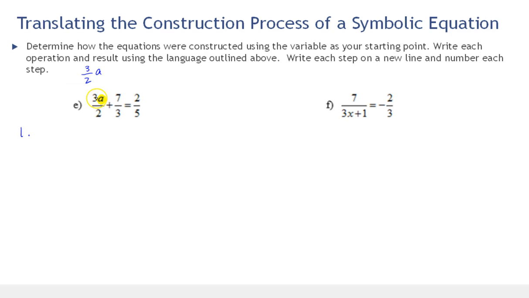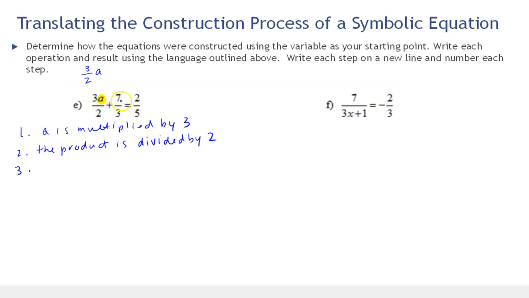Okay, so if we put in a number for A, say 5, the first thing we would do is multiply that number by 3. So we'll start with A is multiplied by 3. Then we'd have 3A. Then we're going to divide by 2. The last step was multiplied, so we'll say the product is divided by 2. So that gives us 3A over 2.